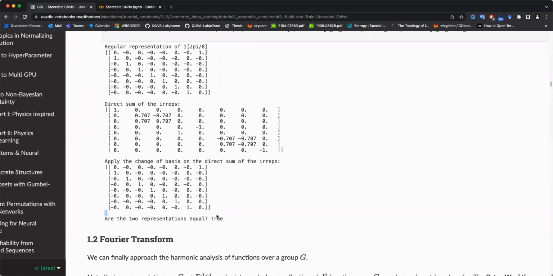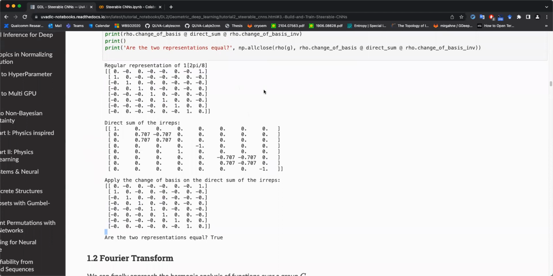Okay, so this was a bit of an introduction on representation theory. I think this covers all the building blocks we need to work with representations and representation theory. What we're going to do next is try to interpret what these matrices and what these irreducible representations are, to connect them with the Fourier transform, as you can already see there, which we can then later use to build steerable CNNs.